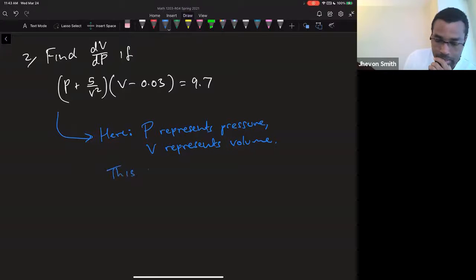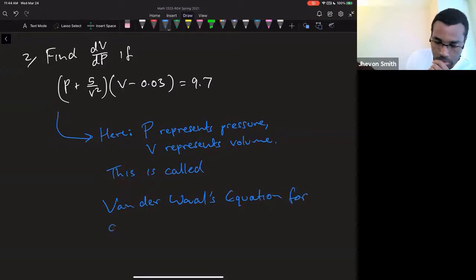This is called van der Waals equation for a specific gas.